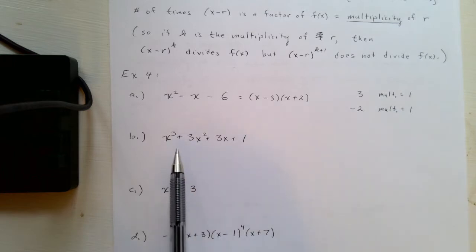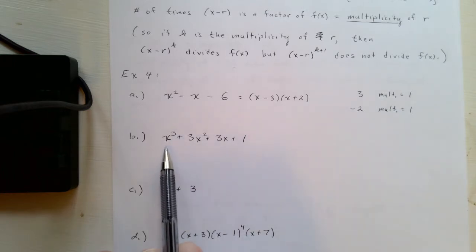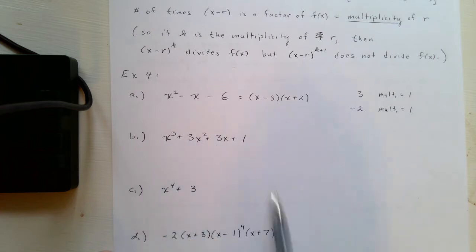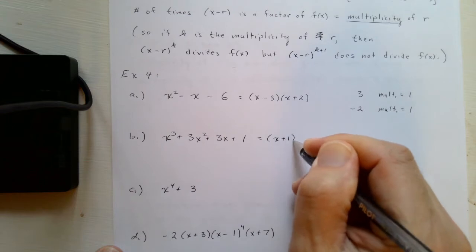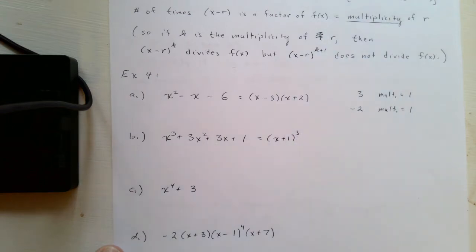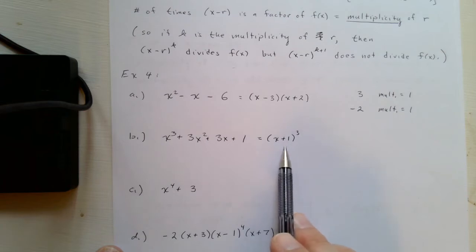Part B, we have a third-degree polynomial, x cubed plus 3x squared plus 3x plus 1. I'm just going to give the story away and tell you that this is x plus 1 to the third power. If you're not able to figure this out, don't worry about it, but you can multiply it out and check this later. So x plus 1 is the same thing as x minus negative 1.